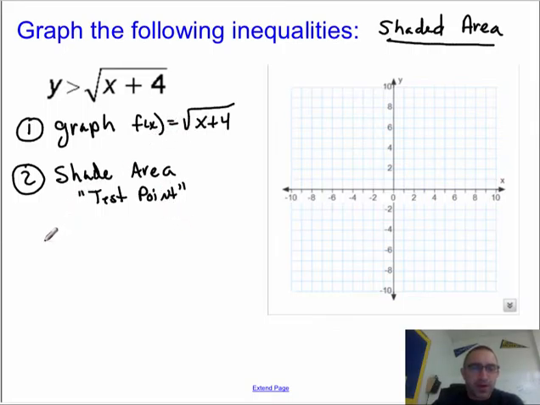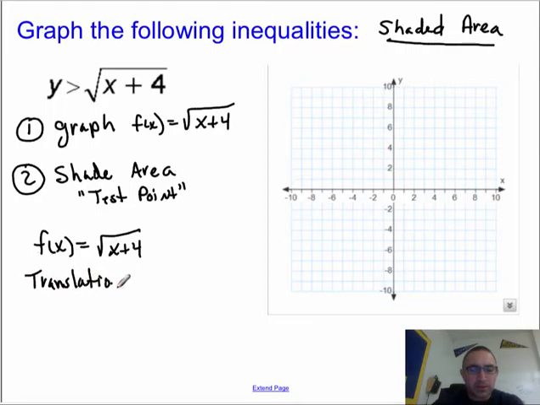So if I'm graphing f of x equals square root of x plus 4, that is a translation 4 to the left. So I'm going to take the original points of x and square root of x.